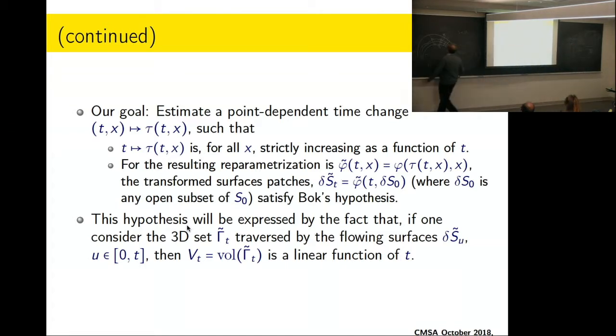Remember that x is always on the original surface. So we are going to transform phi into this phi tilde, so that when now I'm considering surface patches, I have something that satisfies the box hypothesis.